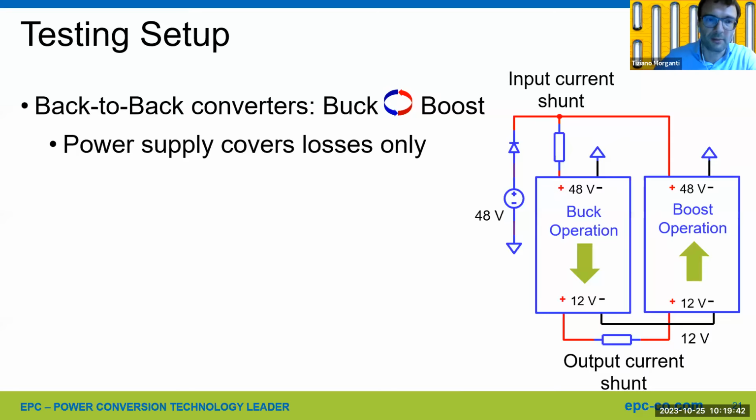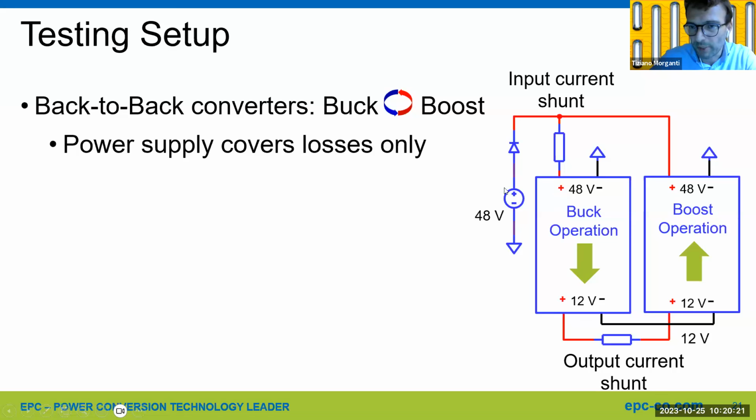So we tested our boards. Our usual way to test them is with two boards. One is configured in buck operation, the other one in boost operation, and we connect them in a back-to-back mode of operation. So basically, the buck board will generate a 12 volt output, or 14 volt output in this case, and this output is fed back to the boost operated board, which is connected back to the 48-volt bus.